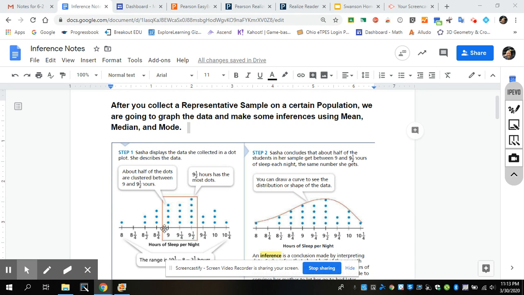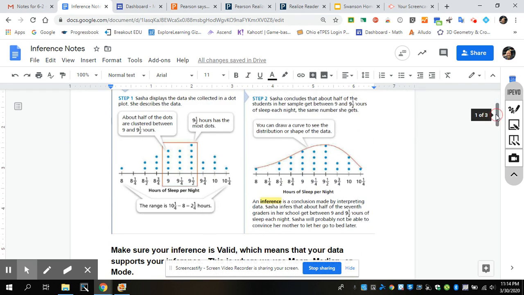So this graph is a representative sample of a certain population of something. And what we're going to look at is this data and make some inferences about it.